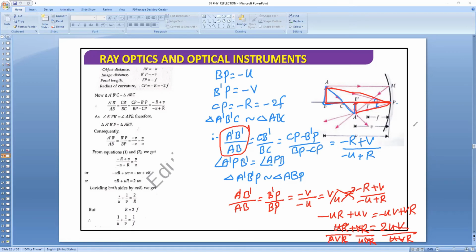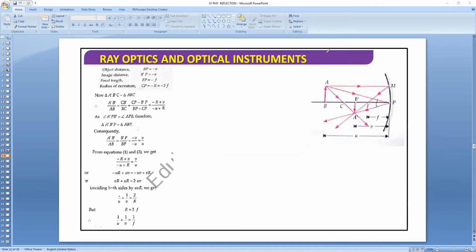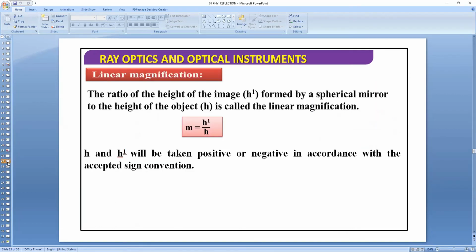Finally, 2 by R is equal to 1 by U plus 1 by V. R is equal to 2F, so 2 by 2F is equal to 1 by U plus 1 by V. 2 will be cancelled. Finally, 1 by F is equal to 1 by V plus 1 by U, which is the mirror formula. Hope you understood. If any doubt, type in the chat box.